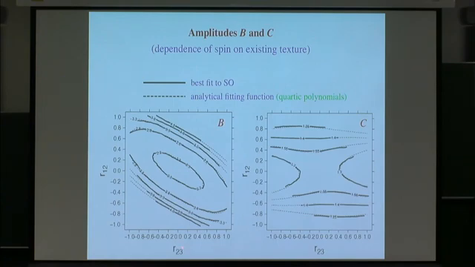That's what you see here as the abscissa and ordinate. So the solid lines here are the best fits to the second order solution. And then these black lines, we smooth them using a function which is shown as the dashed lines. And those are simply fourth order polynomials. They work extremely well for both the coefficients B and C.